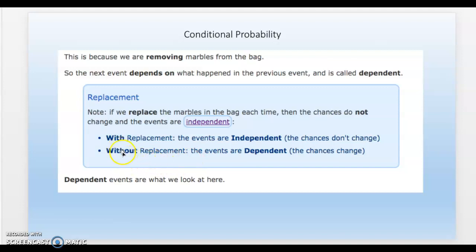Without replacement is dependent events. With replacement is independent events. And for conditional probability, we're looking at dependent events, where one does affect the other.